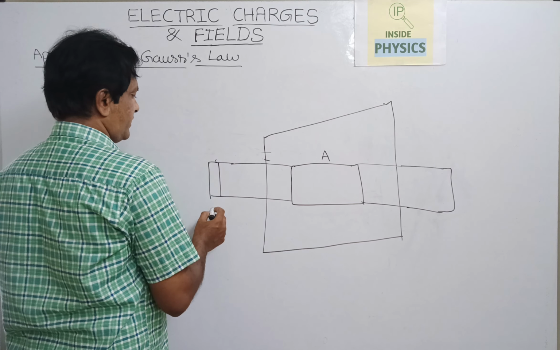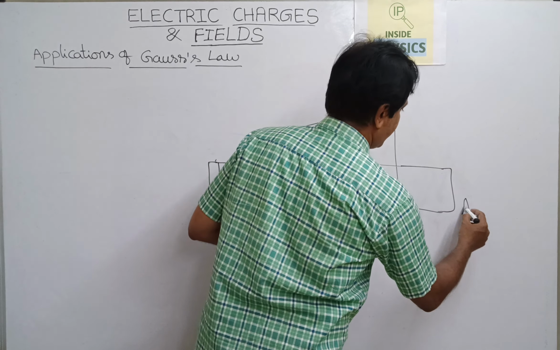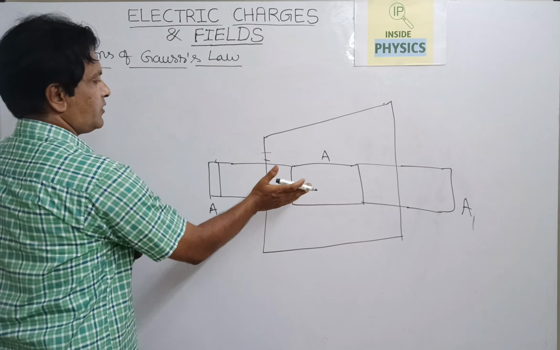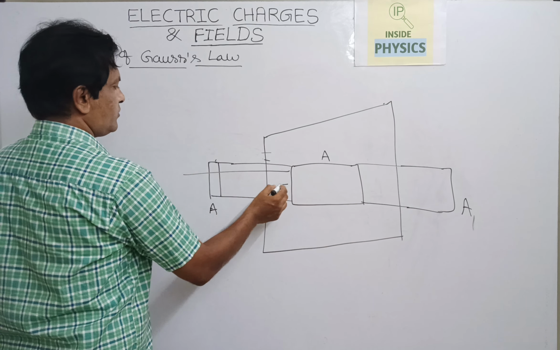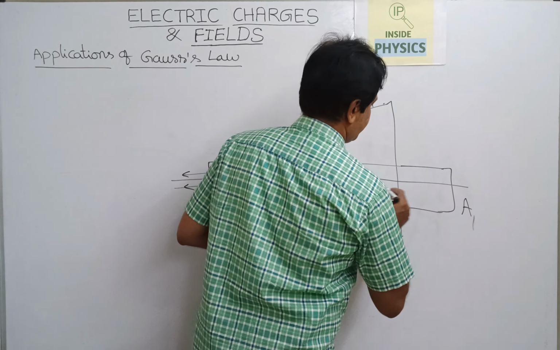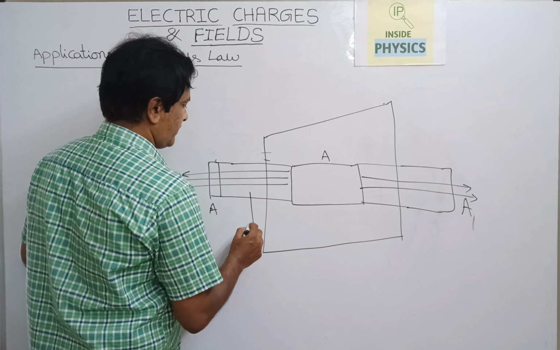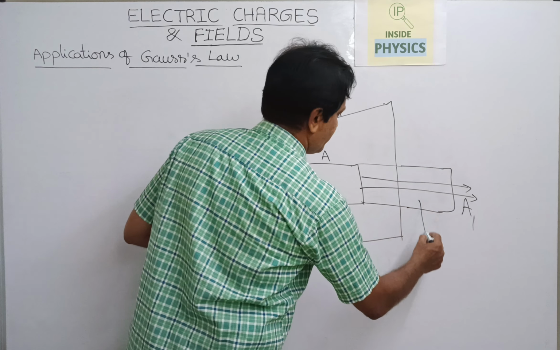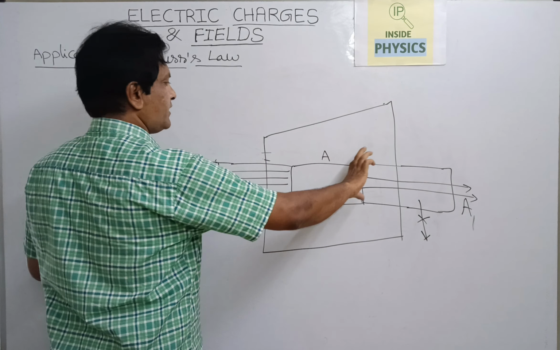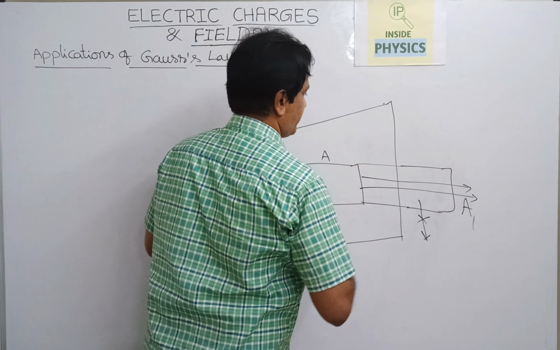If you consider this surface area as A, this is also the surface area A. Both have the same surface area, and the flux because of this plane sheet will be coming through these surfaces only. The flux will not come through these other surfaces, because the plane sheet is like this and we are imagining a rectangular box, so the flux will be in these two surfaces.